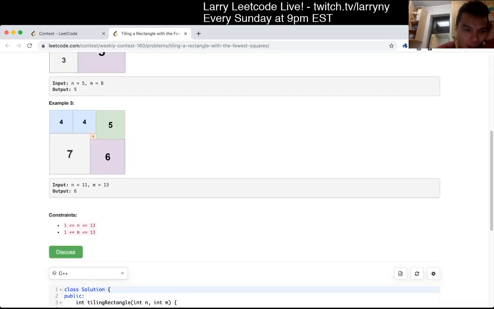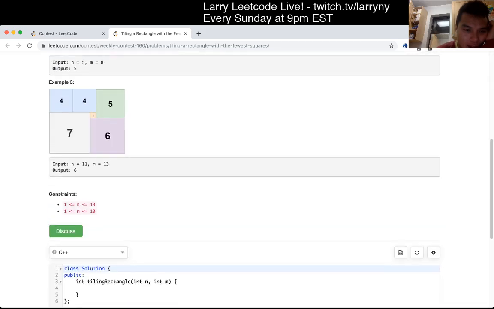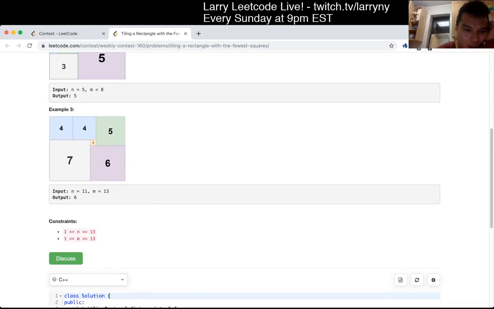It's either that or you just need the 4 corner squares and then everything else you just fill in a weird way. Yeah.